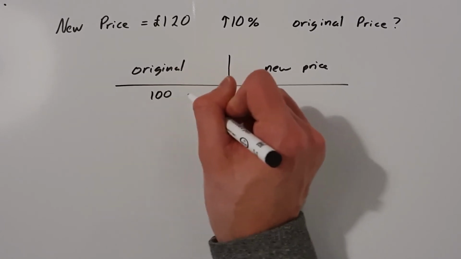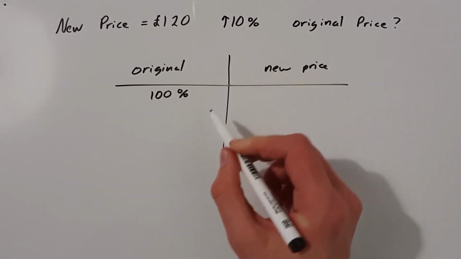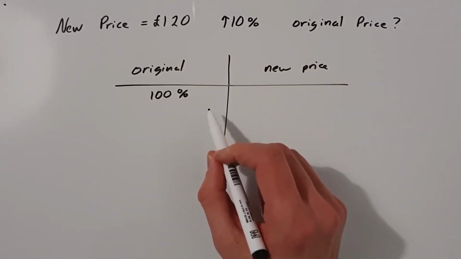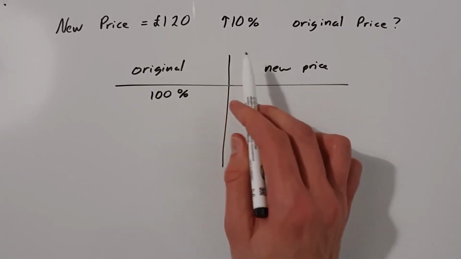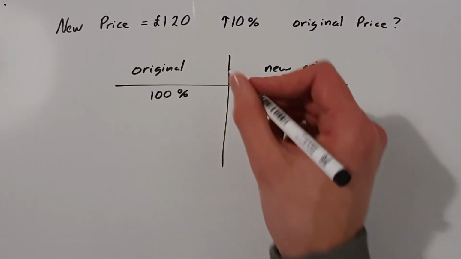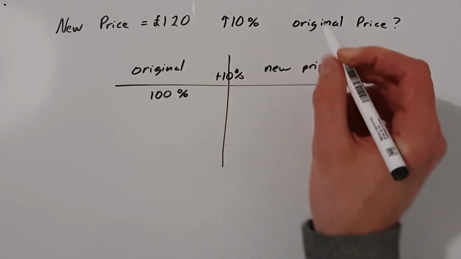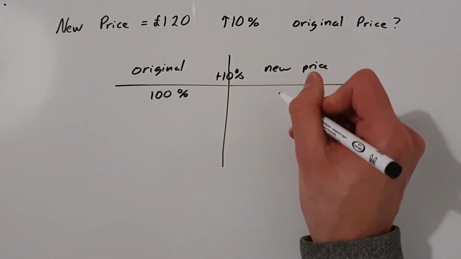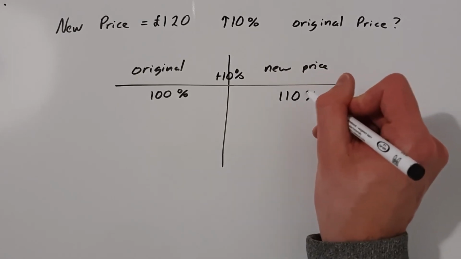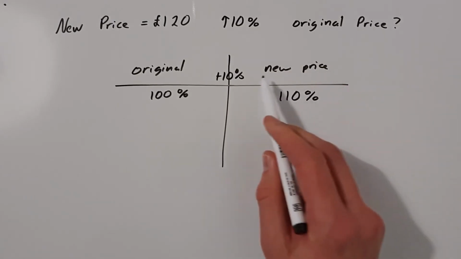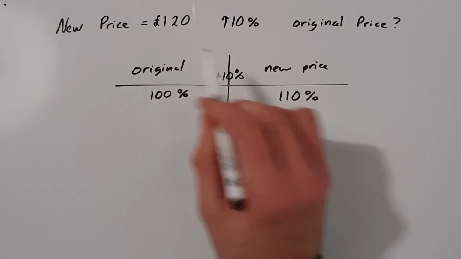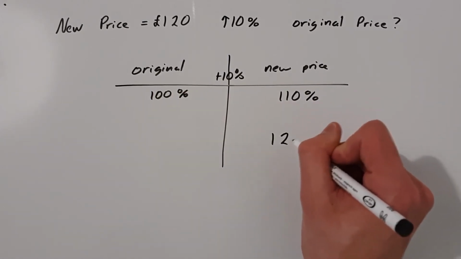Okay, this is 100%. And we know that on this occasion we've had an increase of 10%. Okay, so it's been up by 10%. So the new percentage is now 110%. Okay, and we know that the new price, we've got it here, is £120.